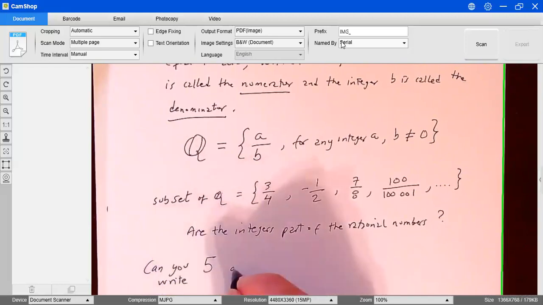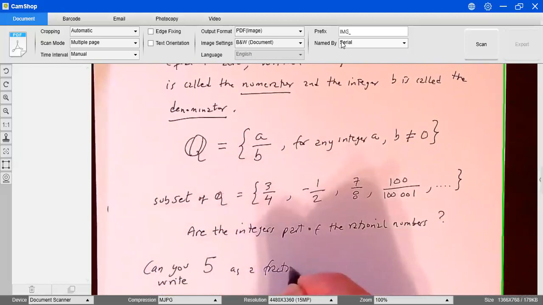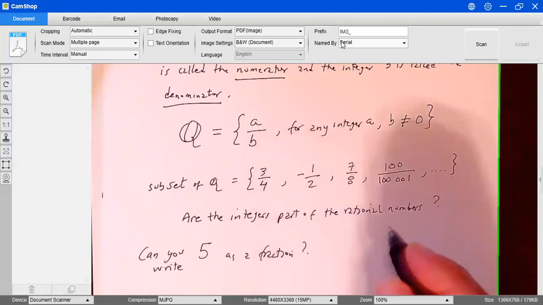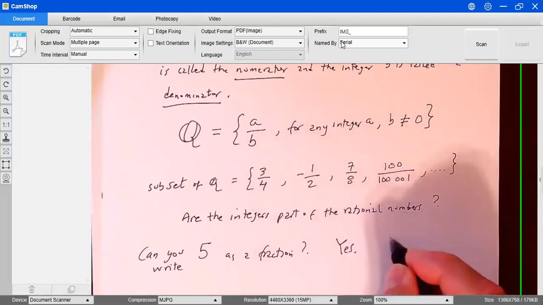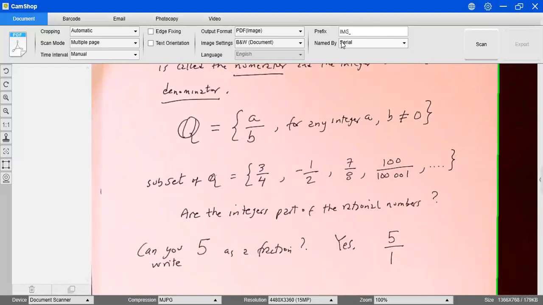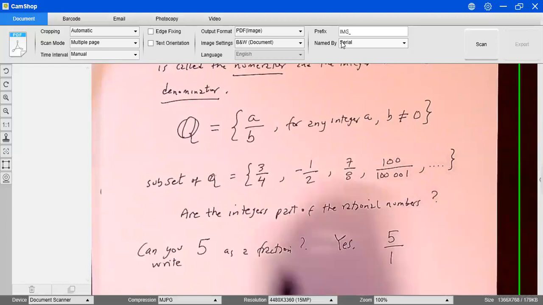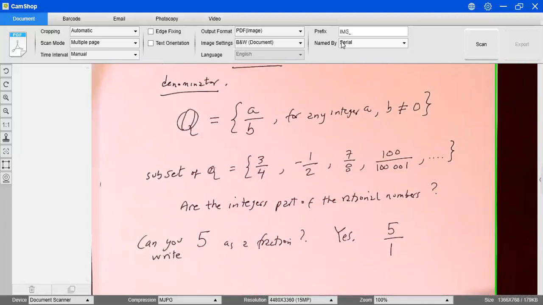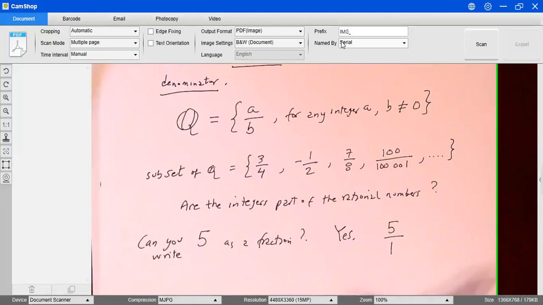If you can write 5 as a fraction, then 5 is going to be a rational number, and the answer is yes. You can write any integer as a fraction when you write the integer in the numerator and use 1 as the denominator. So yeah, the answer is yes. Any integer is also part of the rational number set.